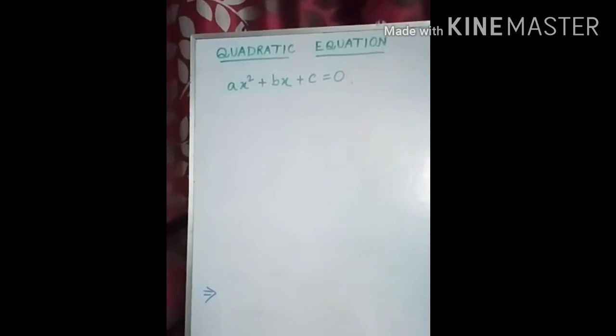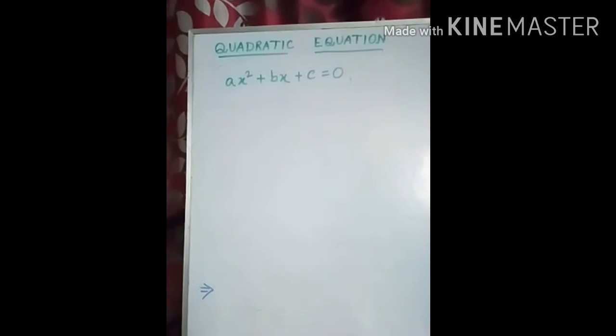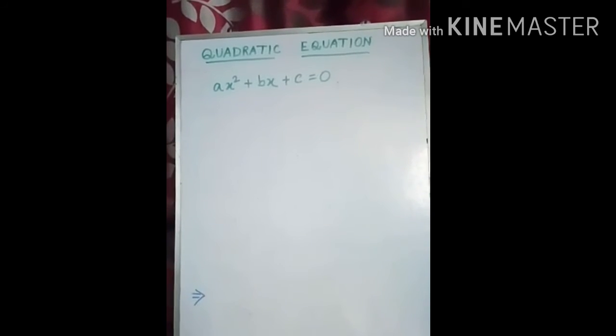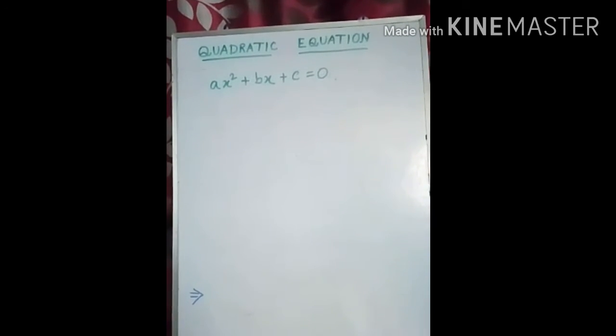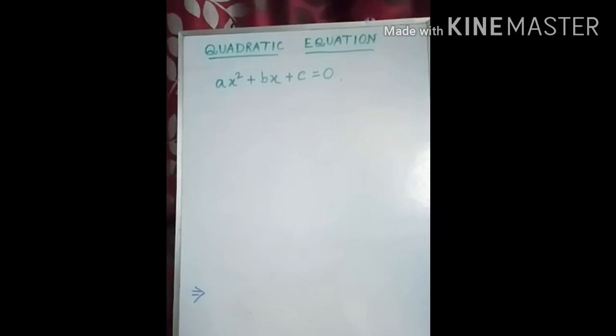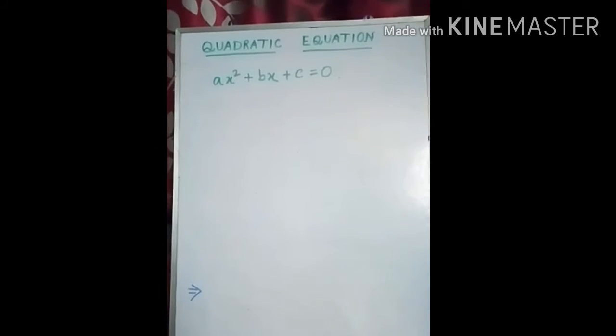Okay, I am taking ax square plus bx plus c equal to 0. We know that this is the standard form of a quadratic equation, and on it now I am going to apply the completing the square method to find out the value of x. Let's see what I will get.